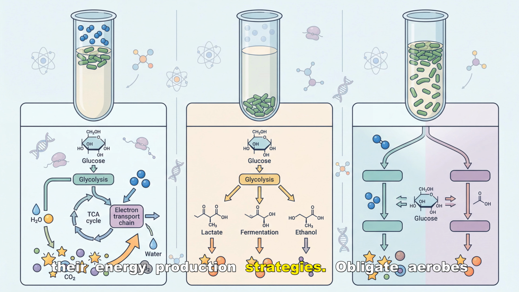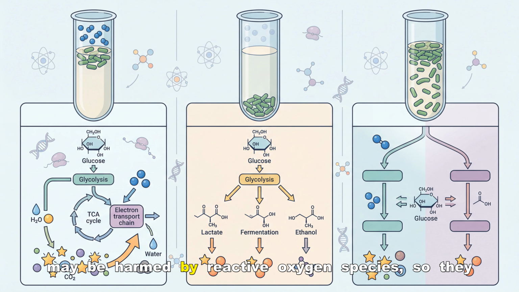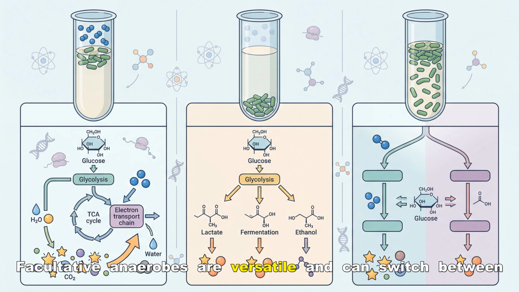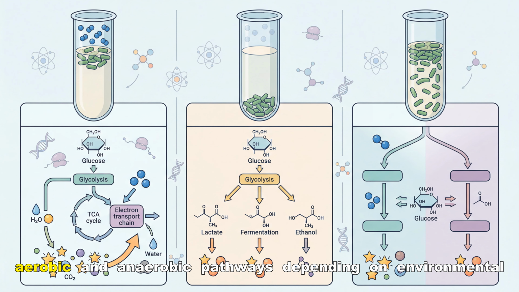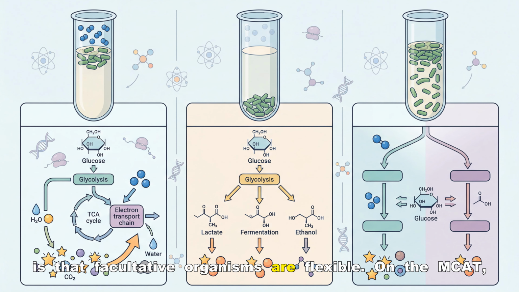Obligate anaerobes, on the other hand, cannot tolerate oxygen and may be harmed by reactive oxygen species, so they rely on fermentation or anaerobic respiration. Facultative anaerobes are versatile and can switch between aerobic and anaerobic pathways depending on environmental conditions. A helpful way to remember this is that facultative organisms are flexible.